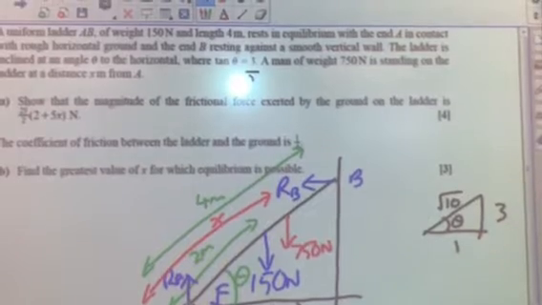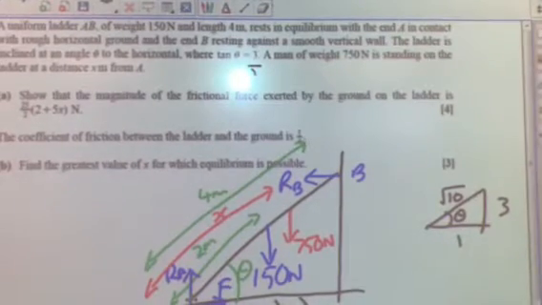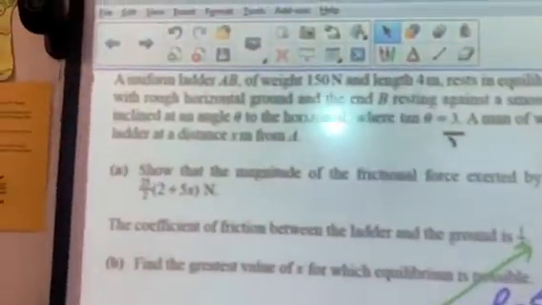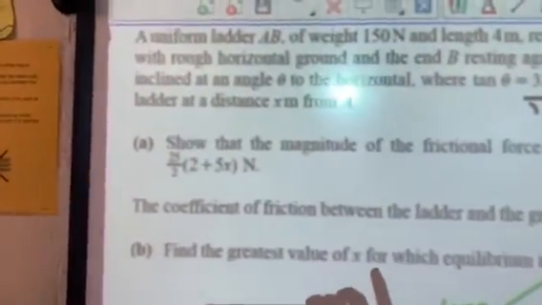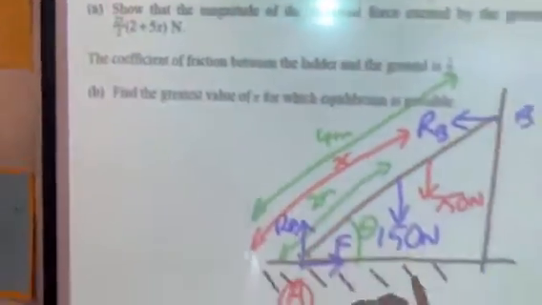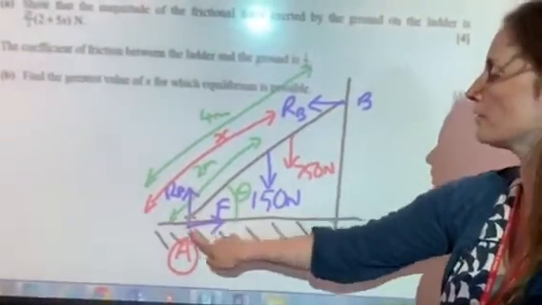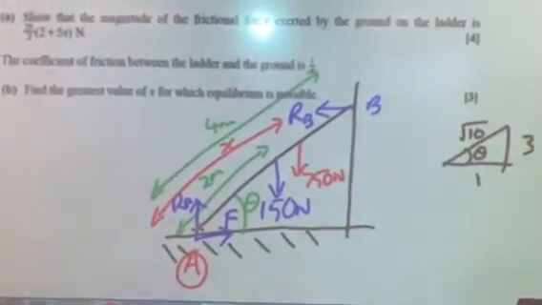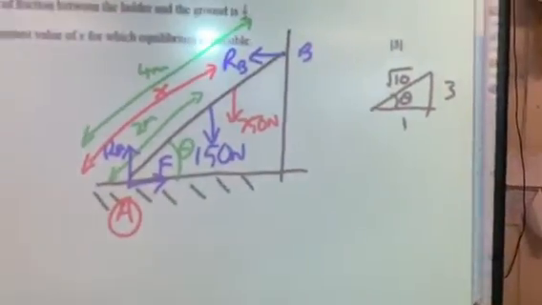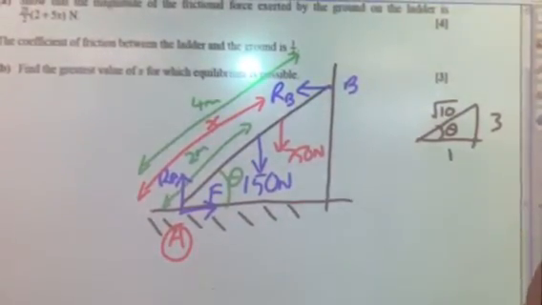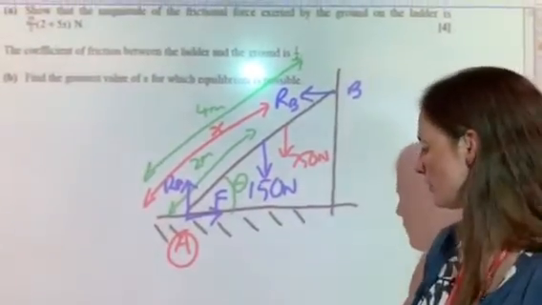First one, show the magnitude of the frictional force exerted by the ground on the ladder is given by that expression. Okay, so if we look at the diagram, we can see that we're talking about this F here. So I want to find F. If I resolve horizontally, that's going to involve F. So let's do that first.